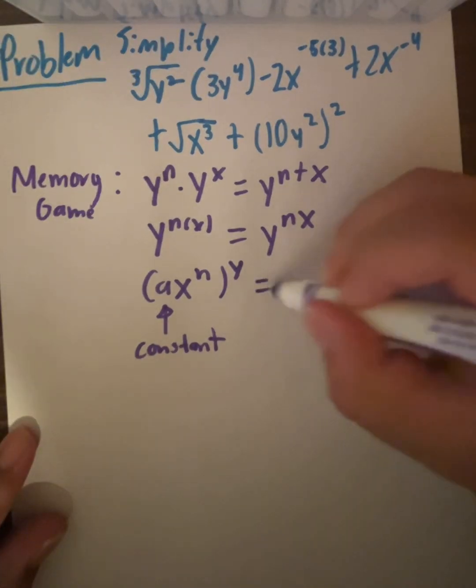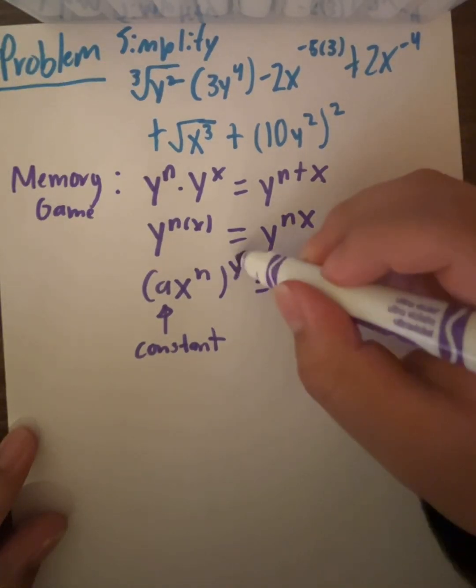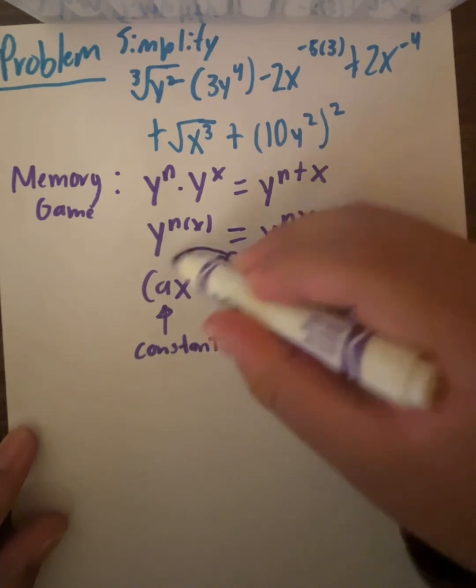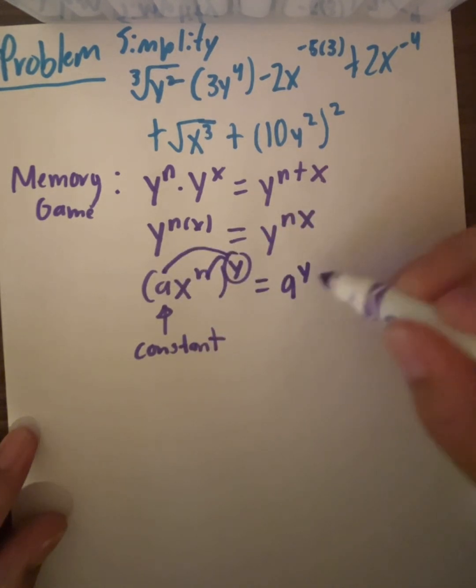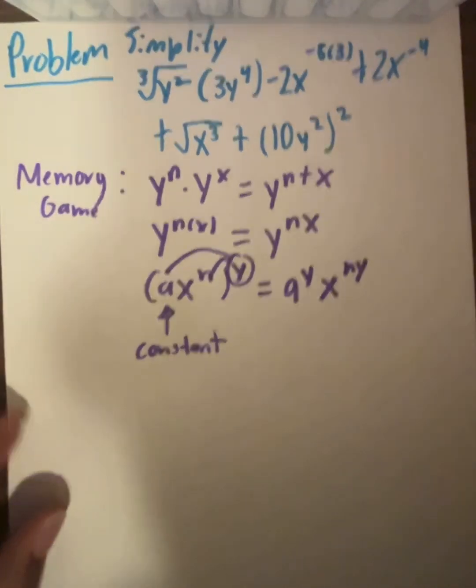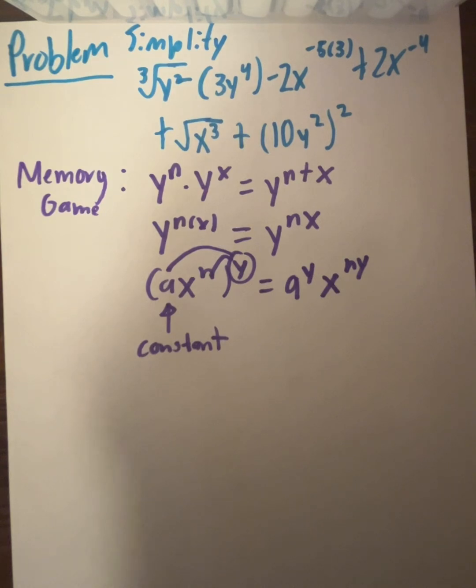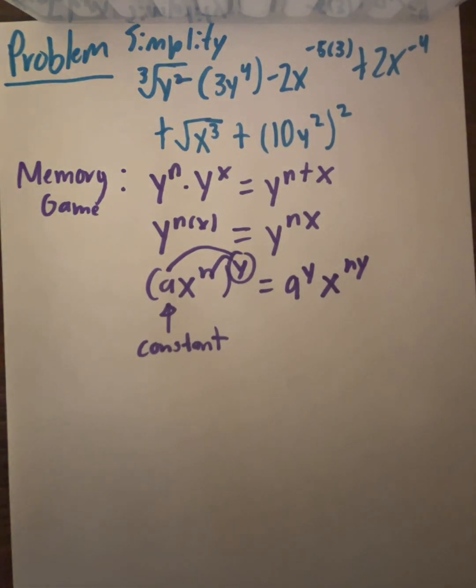We just distribute the y. We distribute it there, we distribute it there. So you're stuck with a to the y times x to the ny. We will just distribute the y, and there you go. You get your end result.